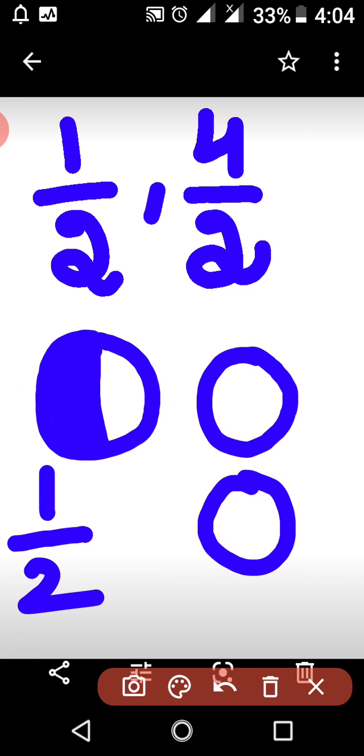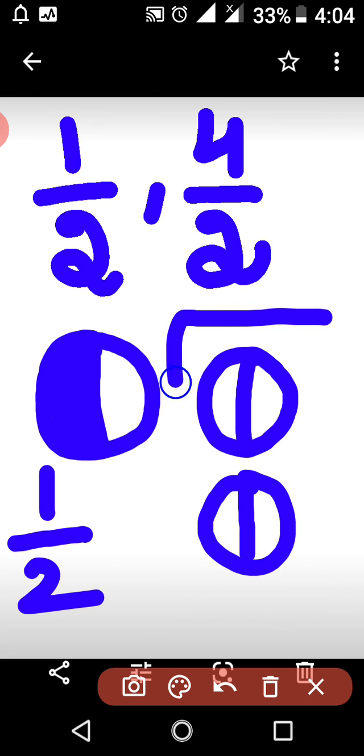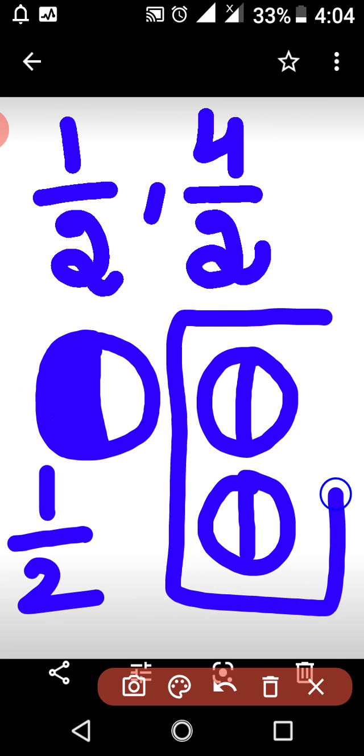Denominator 2 means 2 groups of objects, and we divide each into 2 equal parts. So finally how many parts are there from these 2 circles?